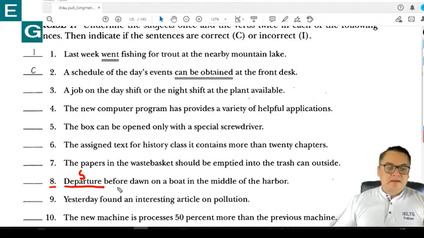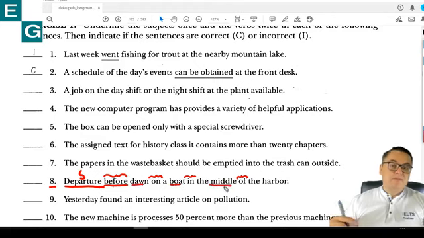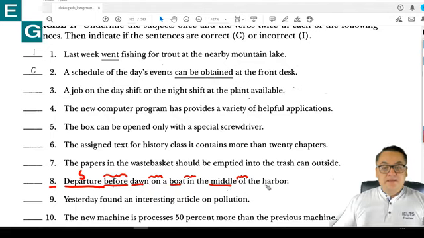Then I have before dawn, so this is a preposition, this is another preposition, this is another preposition, and this is another preposition. What it means is that after prepositions, I usually see nouns, other objects that are not the main subject of the sentence, and then this sentence lacks a verb. It doesn't have a verb. I need a verb, so this sentence is incorrect.